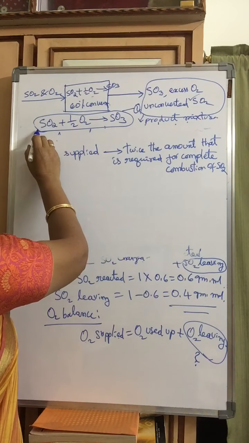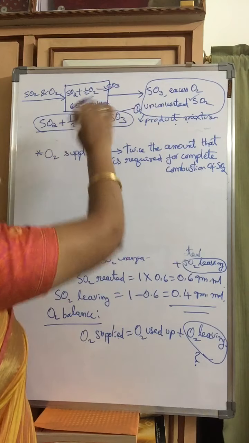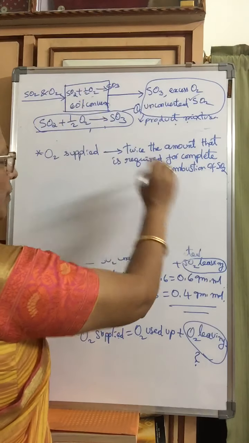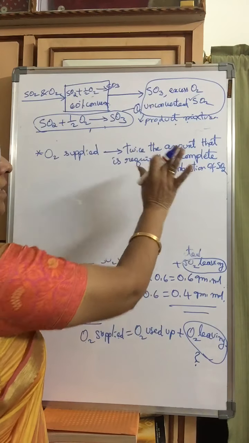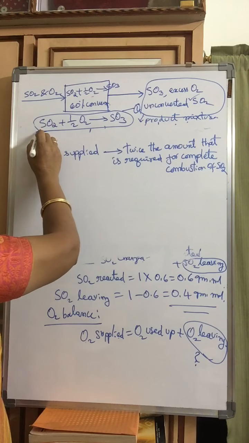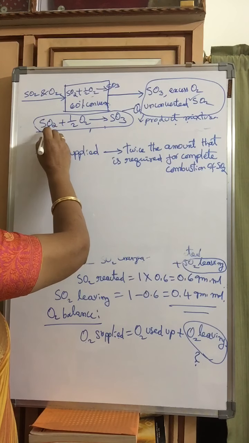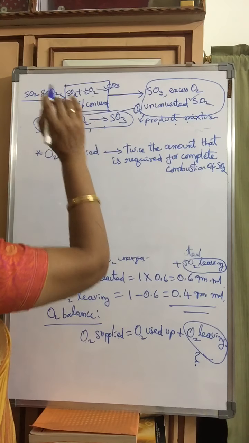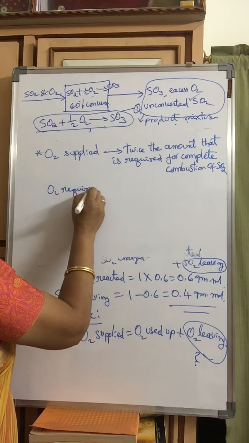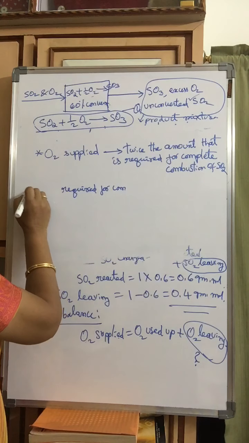Here 1 mole we have taken as the basis. Actually complete combustion is not taking place, that is a different thing, but the calculation of oxygen supplied should be based on what is given. So our basis is 1 mole of SO2. For complete combustion of 1 mole of SO2, how much oxygen is theoretically required?